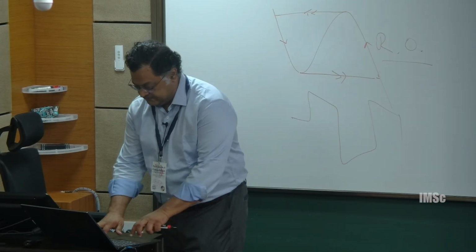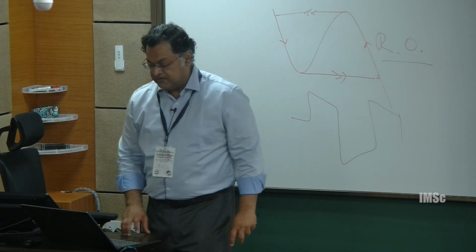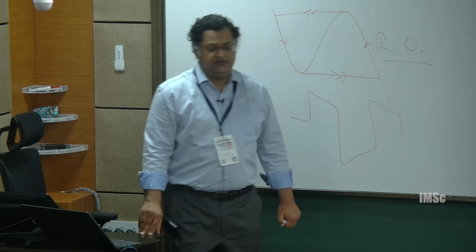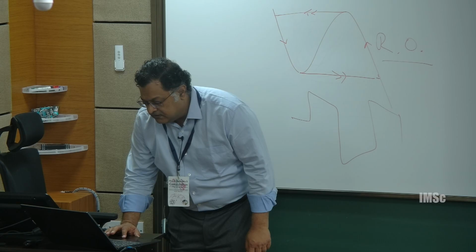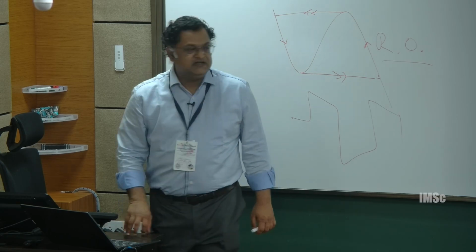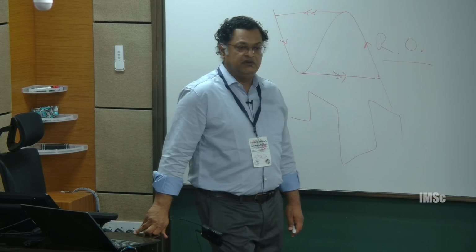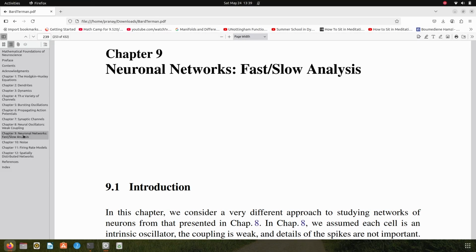Actually, it's a nice exercise. I'll show you where it is covered in Bard's book. This entire chapter is called fast flow analysis, which deals with the limit of the Morris-Lecar model in this sense. It's a lovely chapter. You can get as deep into it as you want. Beautiful mathematics over here, beautiful stuff to deal with.